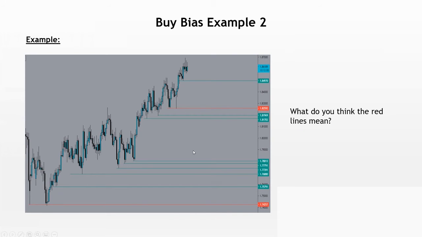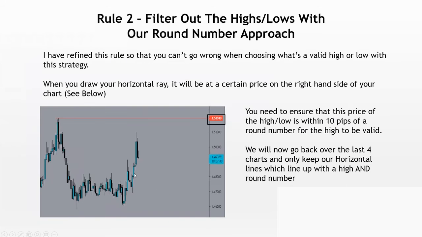Because it's more than 10 pips away from the round number, you can remove this line. This next one here is at 1.7688. That's 12 pips away, so we remove that as well. So what I want you to do, guys, is use the process of elimination so that you are only left with the higher lows and the lower highs which are within 10 pips of a round number.